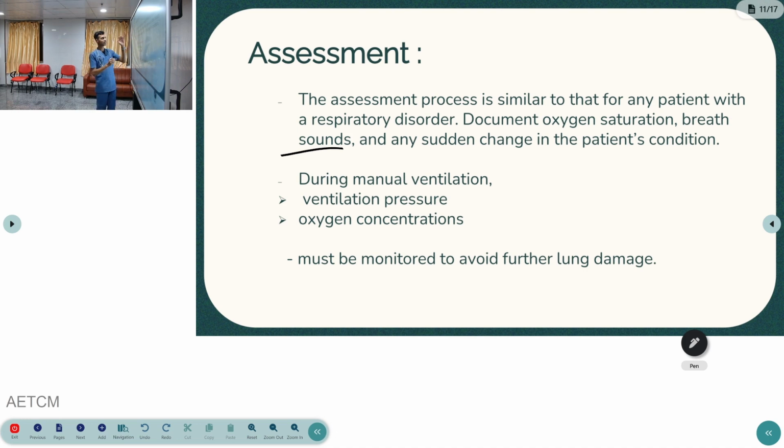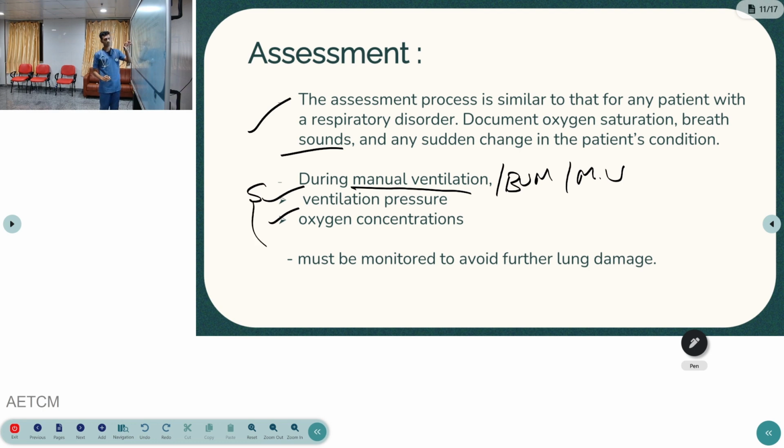More specifically in ARDS, while doing manual ventilation, meaning bag valve mask, or if you are using a mechanical ventilator, two major things we have to repeatedly assess. First is the ventilation pressure, second is the oxygen concentration. If you forget or miss those two things, again it will worsen the condition.